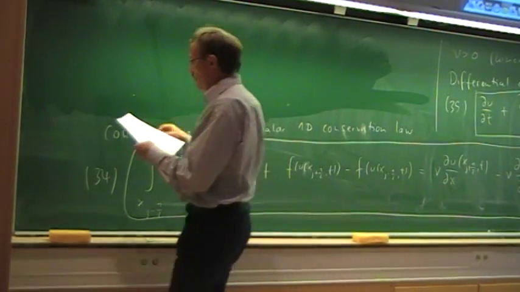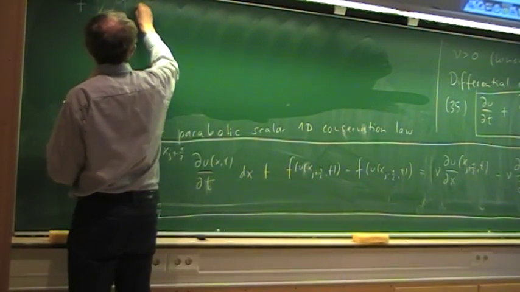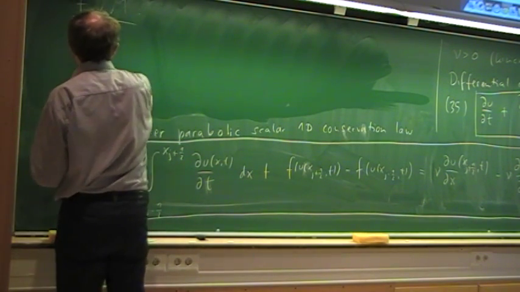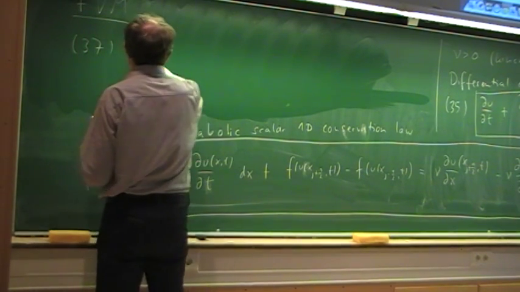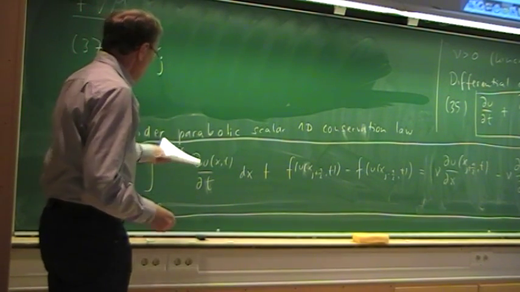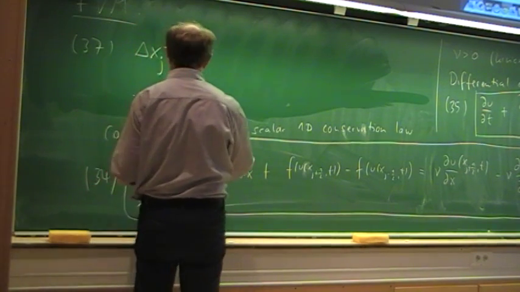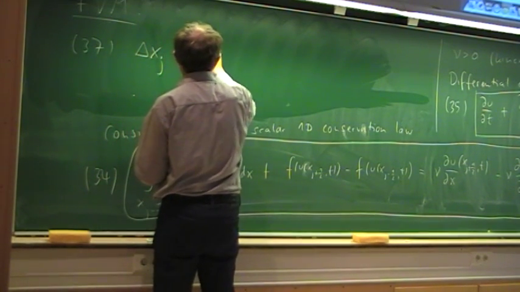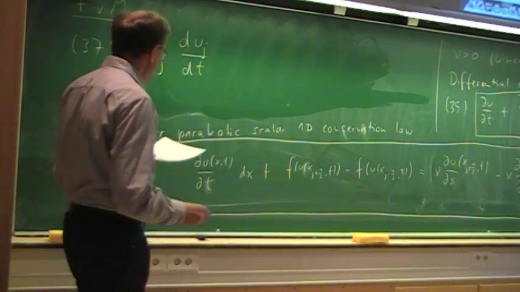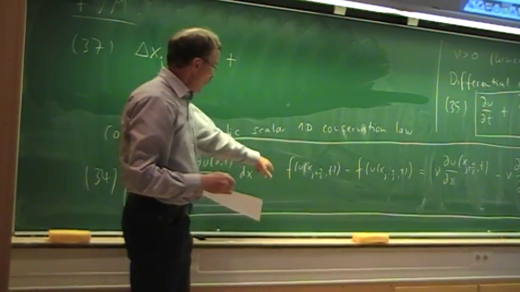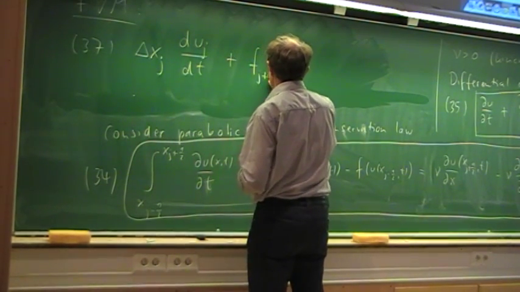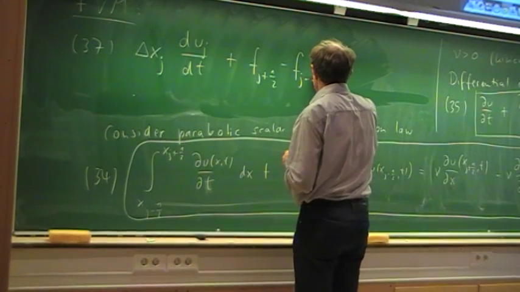So then we get the finite volume method for approximating equation 34, and that will be the following. We will use again cell averages, entered here in the cell J that we are considering. It will be the time derivative of the cell average in cell J. And then we will do approximations of these fluxes in the same way as we discussed before. We just call it here f_{j+1/2} minus f_{j-1/2}.